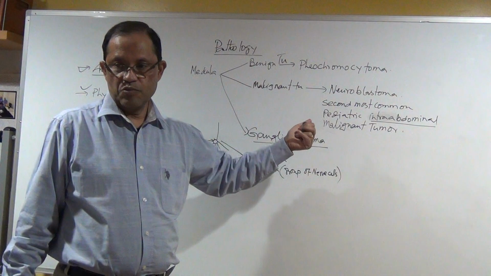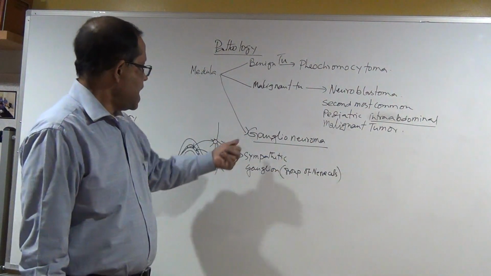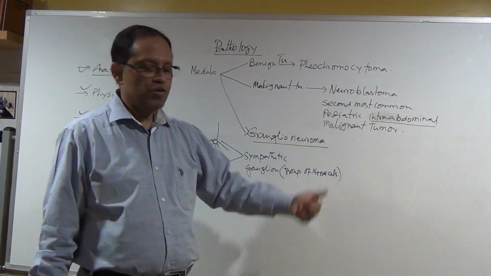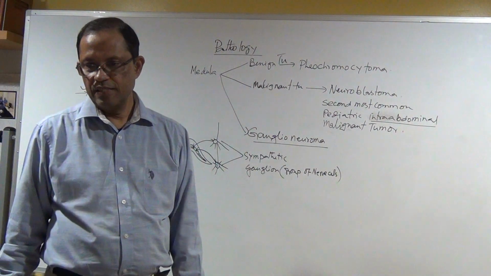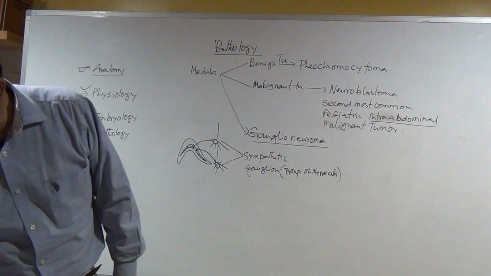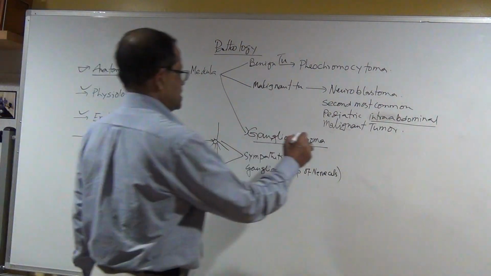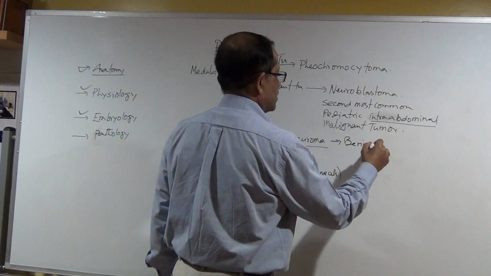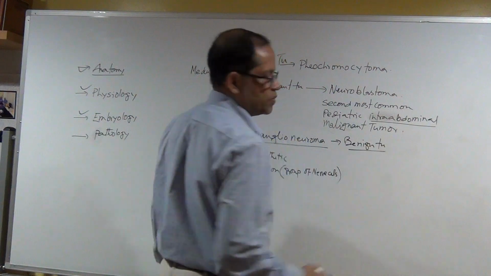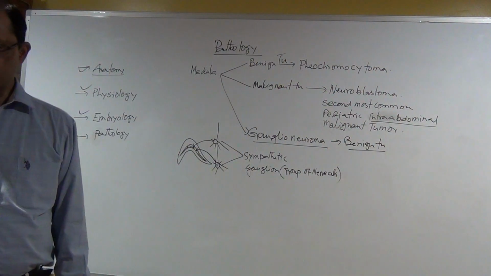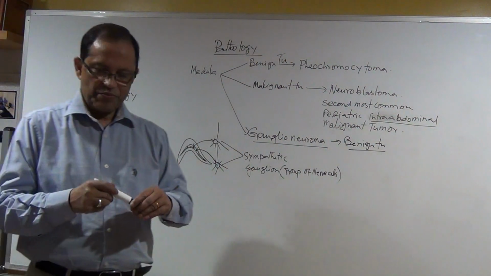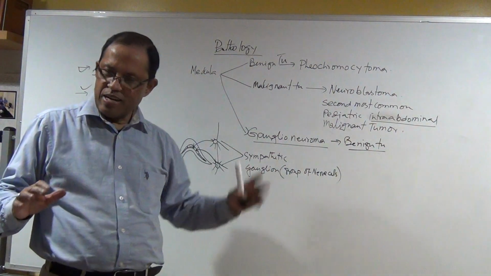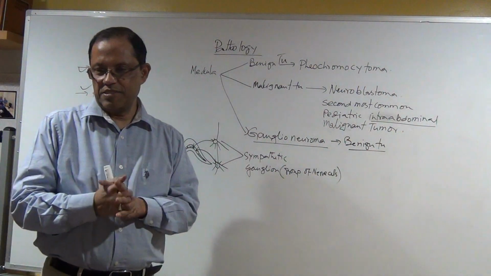The first is Wilms tumor, and the third is ganglioneuroma. Ganglioneuroma is a benign tumor. Okay, so this is in short about the bladder and adrenal glands.